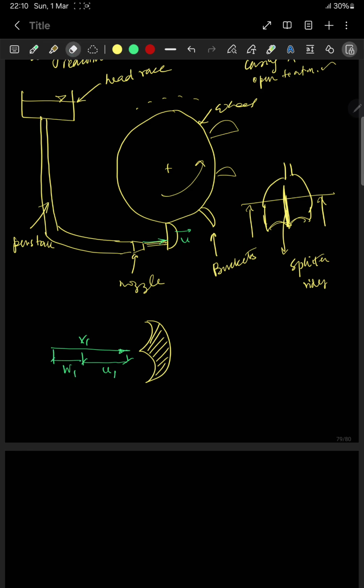We can write only u, not u1, because this is a cross section and this r is same, omega is same, so u is same. So there is only u, not u1, u2. This is the exit velocity triangle.